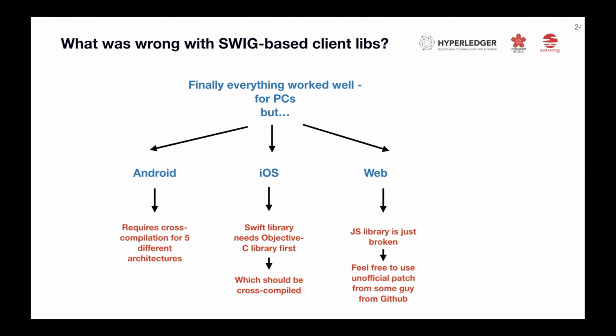It was unofficial, it was unmerged, and SWIG maintainers refused to merge it for several months. We had to use it just to make things work somehow. It was not a good time at all.